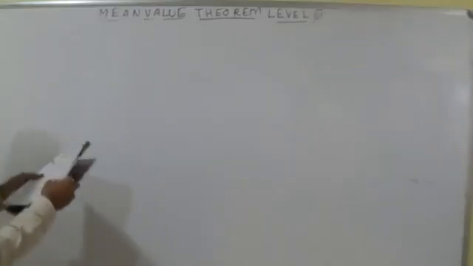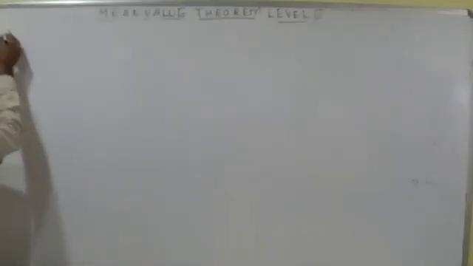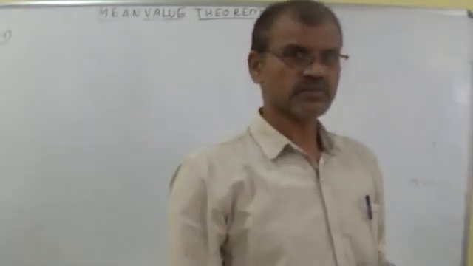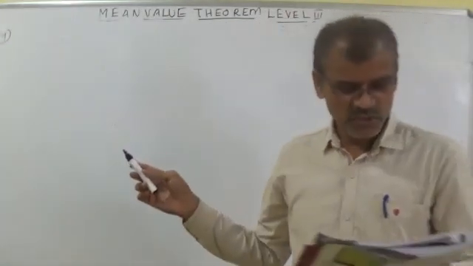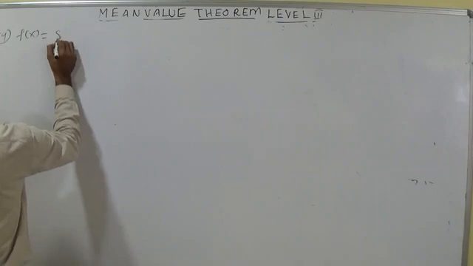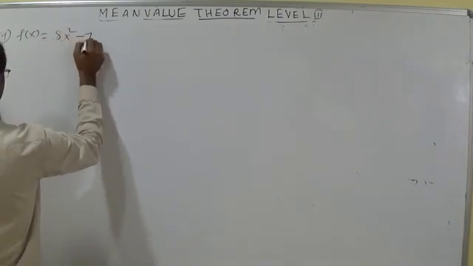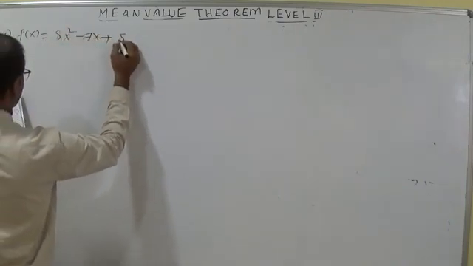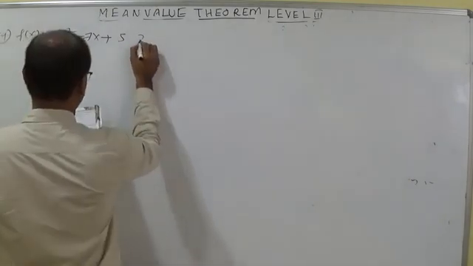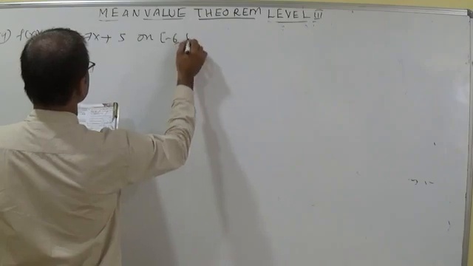Next, let us discuss the ninth question. Consider the function f of x is equal to 8x square minus 7x plus 5 on the interval minus 6 comma 6.